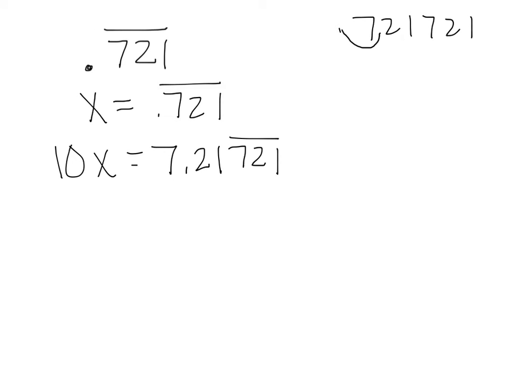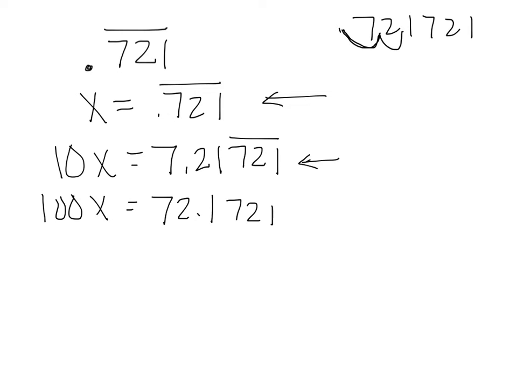If you take 0.721 repeating times 10, you get 7.21721 repeating. So the numbers to the right of the decimal are not exactly the same. And so we're going to have to multiply maybe by 100. So 100x, if I take this times 100, I'm moving the decimal 2 places. I'm going to get 72.1721 repeating. I still don't have anything similar to the right of the decimal. This is 0.721 repeating.